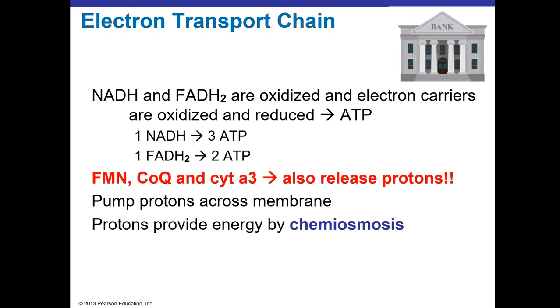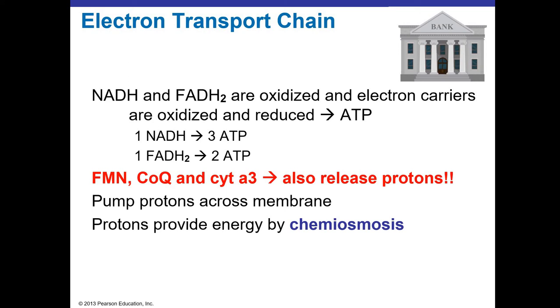So how does it actually happen? Passing the electrons to the final electron acceptor moves things, but it doesn't really explain how we're actually getting that ATP. The secret is that some of the members of the electron transport chain also are going to be proton pumps.